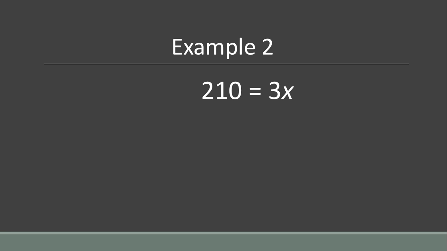Example 2. 210 is equal to 3x. So I look for my variable. Well, it's on the right-hand side. Again, 3x means 3 times x. So I need to use division to solve this.